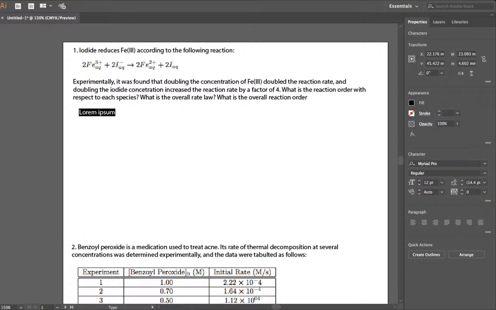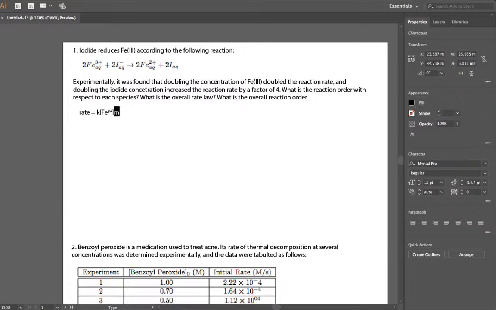The rate in this case would equal k times the concentration of Fe3+ to the power of m. Superscripts only work with numbers, so let me do the plus manually. That's what we normally do.